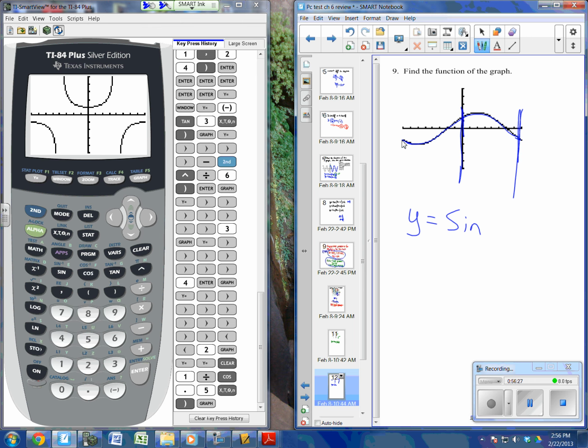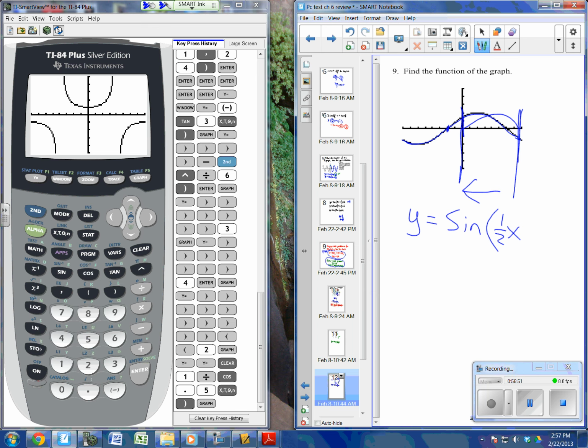I'm going to shift the sine to the left because a regular sine function would be going up like this, right here. And so I'm going to shift it to this direction right here. And I know that this is going to be 1/2 x. The phase shift is negative pi halves.